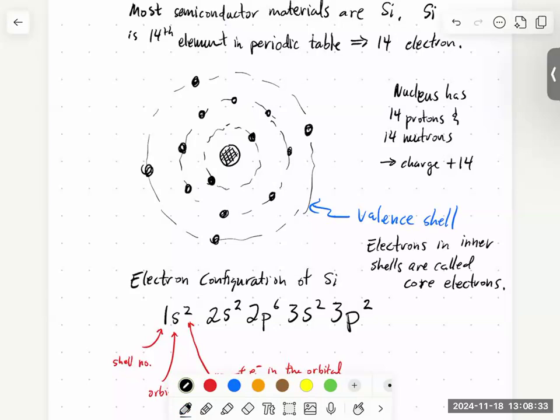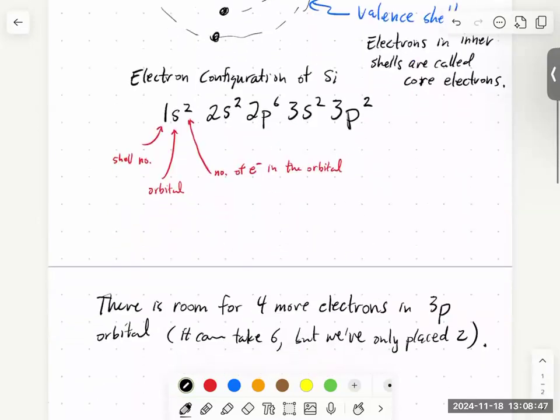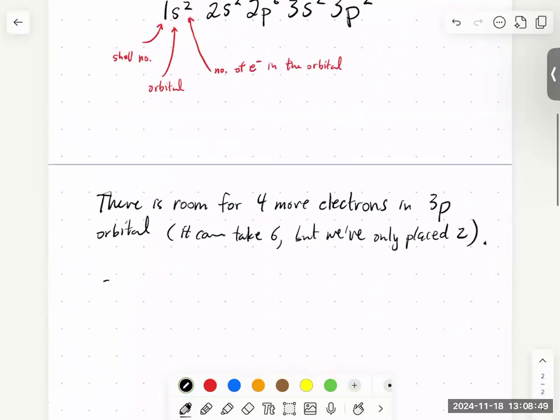And the reason is that the core electrons are relatively tightly bound to the nucleus, whereas there's a little more freedom in what can happen with these valence electrons. Okay. So our outer or valence shell is only partially filled.